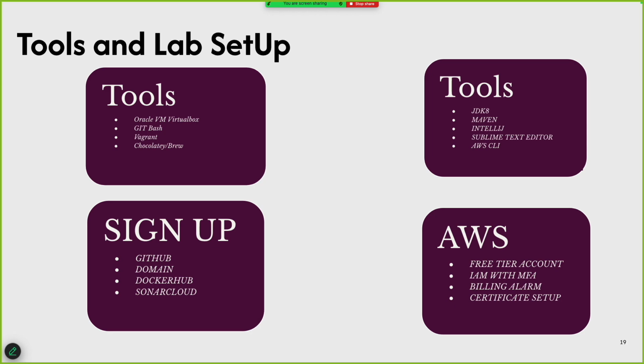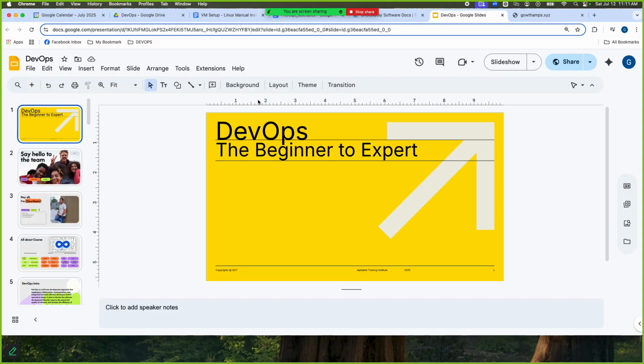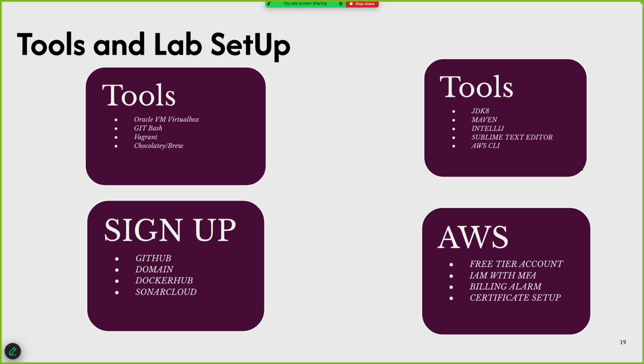Just open PowerShell or the command line, execute a few commands from the Chocolatey server, and it will get installed directly in your system. So it's an easy way of doing it. That is for Windows, and Brew is for Mac. Those are all the tools we are going to install right now.